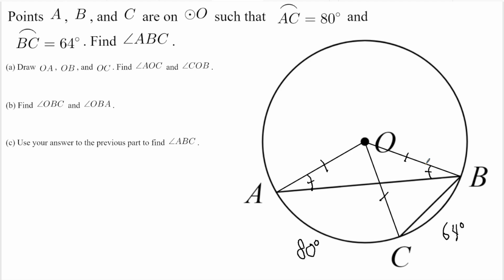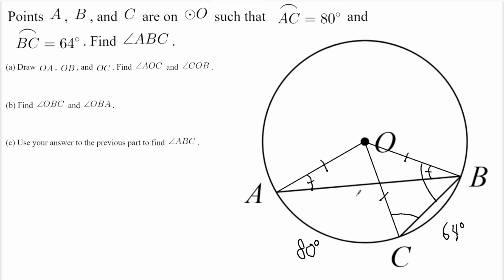And we can also see triangle OBC is isosceles because OB and OC are the same. So that means their base angles are going to be equal as well. So this angle here and this angle that takes up the two smaller ones is going to be the same.